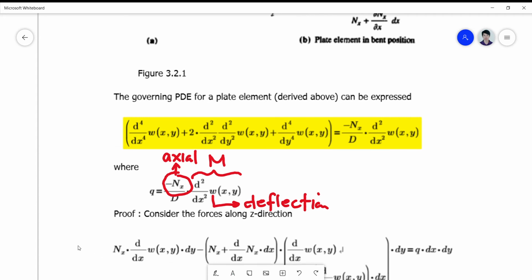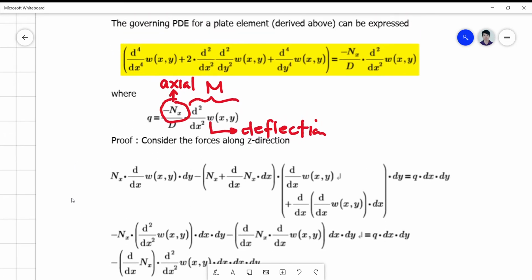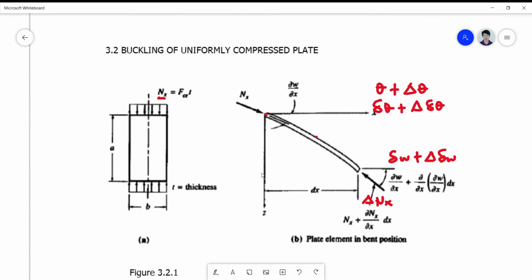So to show you a proof of this, we consider the forces along the z direction. The z direction is the vertical direction summation.